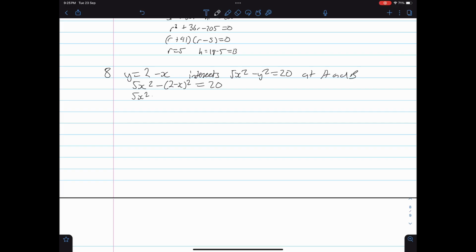And then we expand. And we get a quadratic equation like that. And then you can just solve it by factorization.